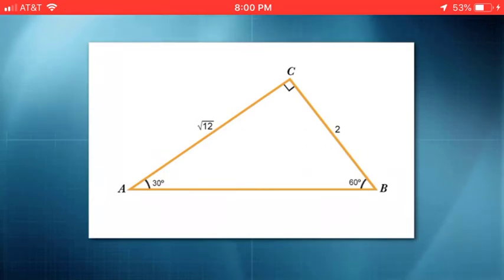And it turns out that because B is 60, C is 180 minus 30 minus 60, or 90 degrees. The angle at C is a right angle. This is a right triangle. Isn't that cool? So what's the side opposite angle C? Well, we can use the Pythagorean theorem. We don't have to be fancy.